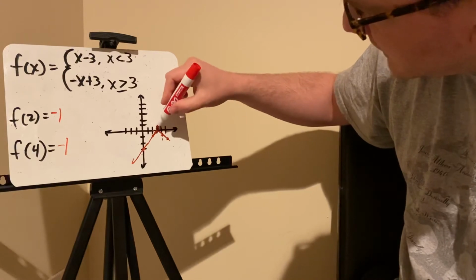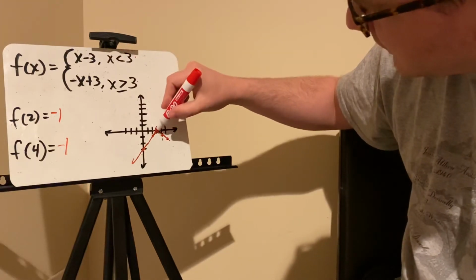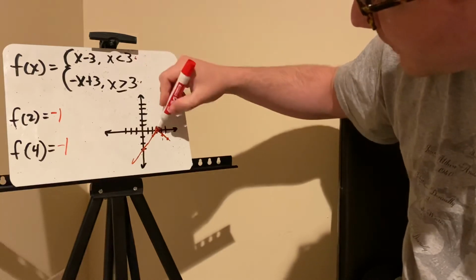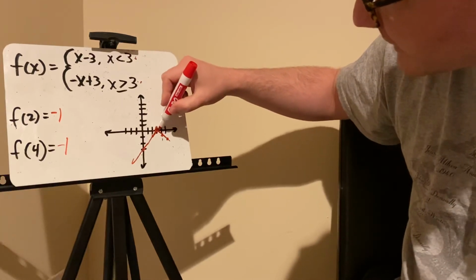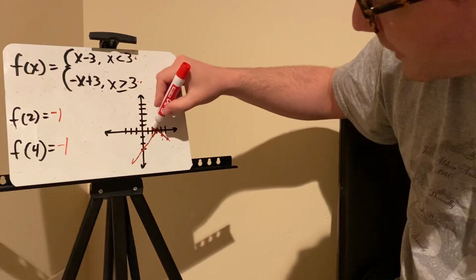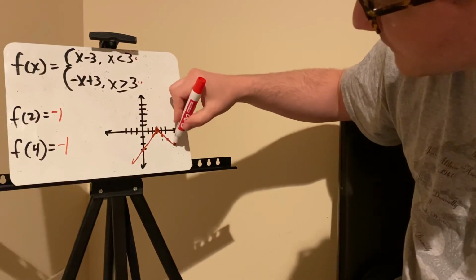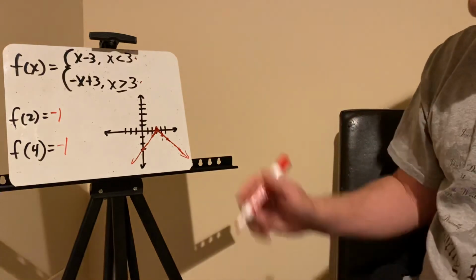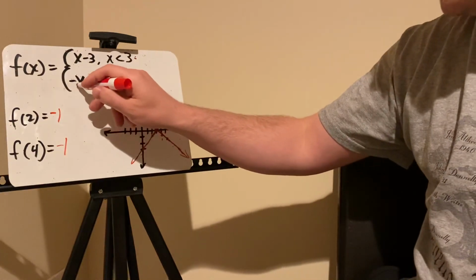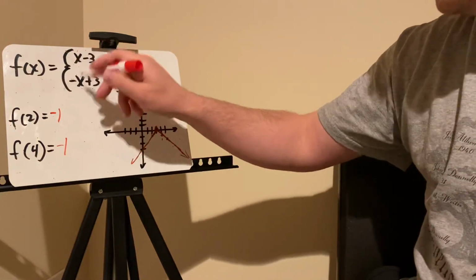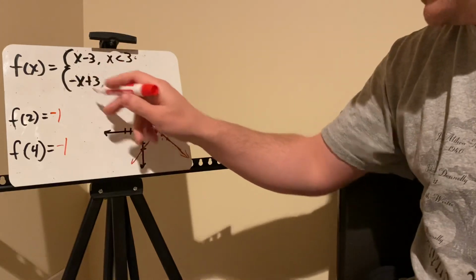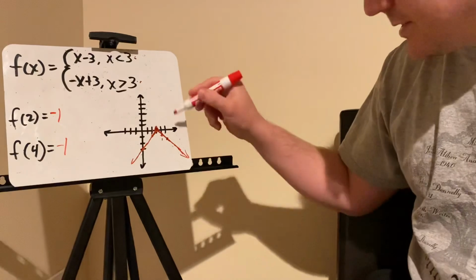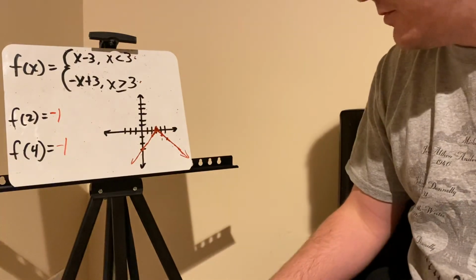Now, interestingly enough, this point here would be an open circle for this top one and a filled in circle for the bottom, and they actually intersect at that point. When x is equal to 3, the two lines intersect. 3 minus 3 is 0, -3 plus 3 is 0. So they both would be at 3, 0. That is the intersection. This looks like the vertex of an absolute value function.